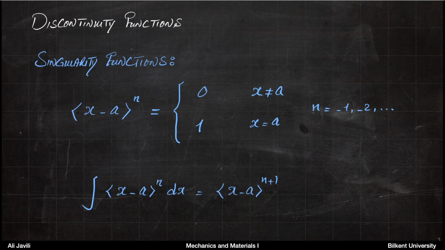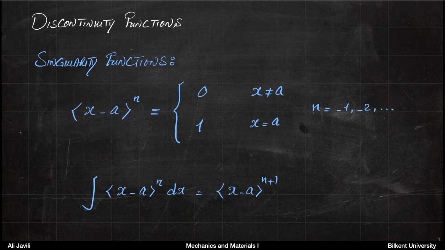Now, if you have that, the integral of that is not a standard integral in a sense, because the power n is negative. So for these ones, the integral is just the definition here. The integral of x minus a to the power n would be just x minus a to the power n plus 1.